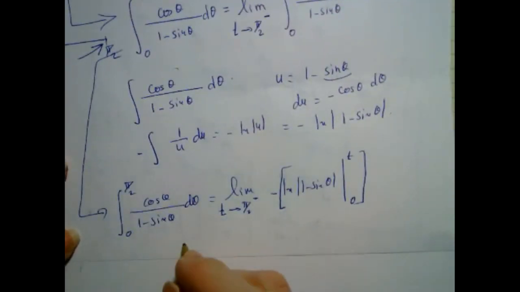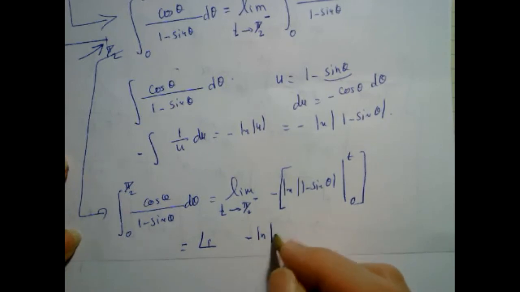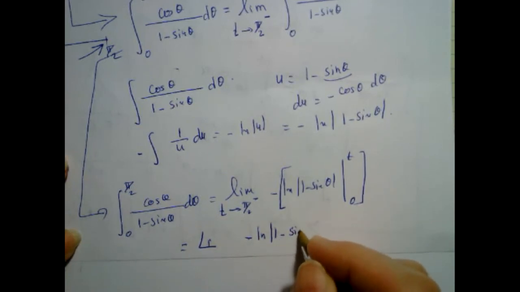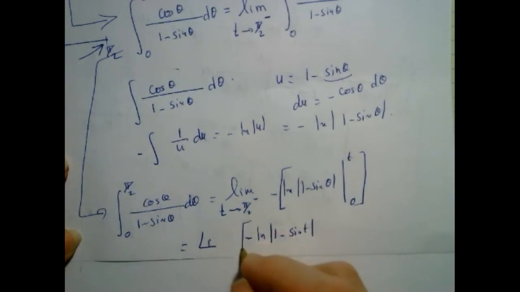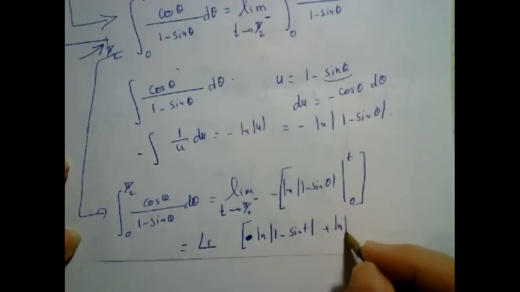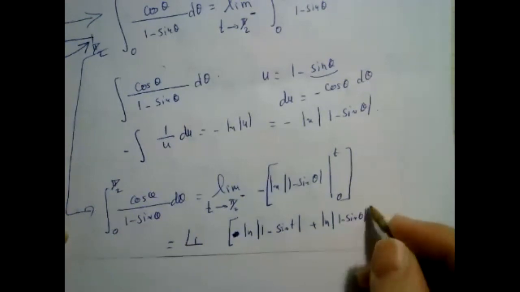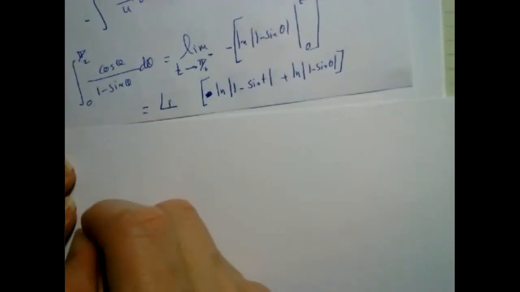So finally, I'll get the limit of minus ln of 1 minus sine of t, minus, okay, I put minus, plus ln of 1 minus sine of 0. Okay, so I will rewrite this one big, and then we analyze the limit, and we will be done.